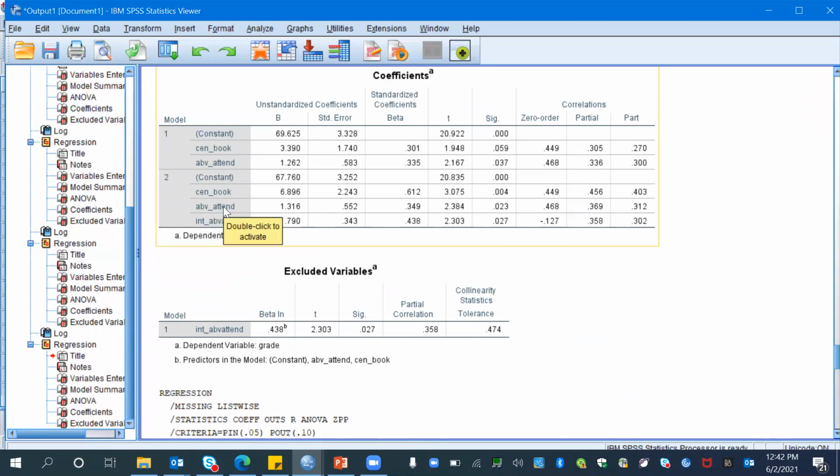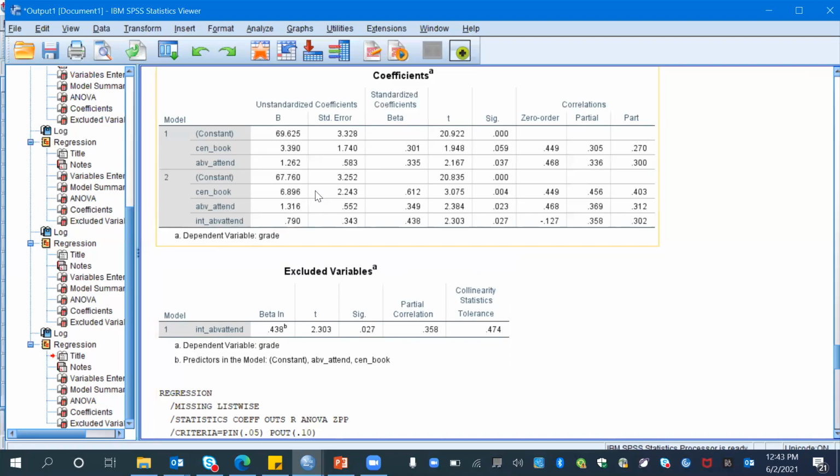For those who had a high attendance, for those who attended a lot, there's a very strong positive relationship between the number of books someone reads and their grades. So again, for someone who attends a lot, so at one standard deviation above the mean for attendance, the more books you read, the higher your grade.